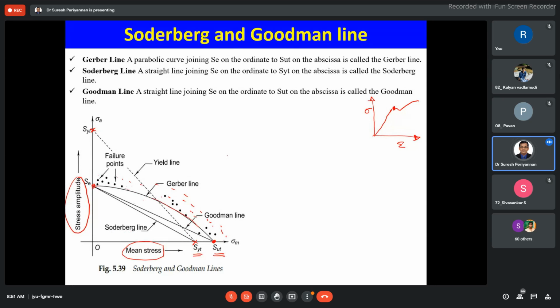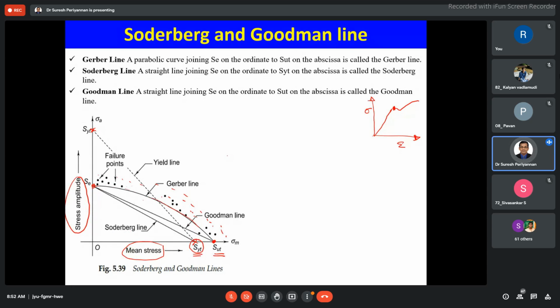Now, this is the SYT. It is also called the limit on the first cycle of stress. First cycle of stress relates to fatigue life. What is fatigue life?